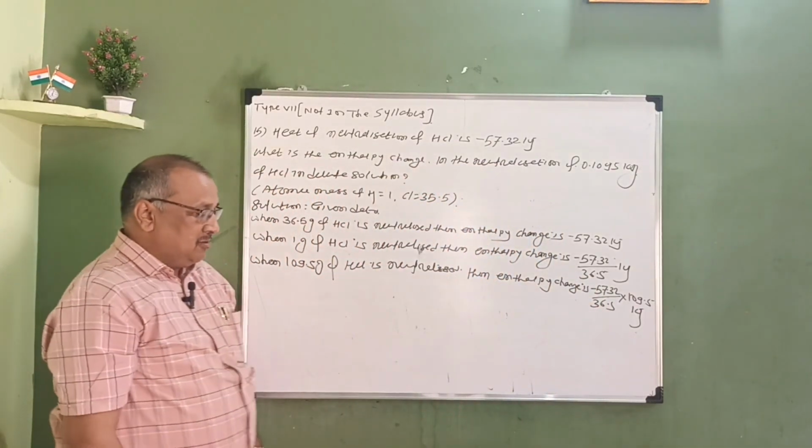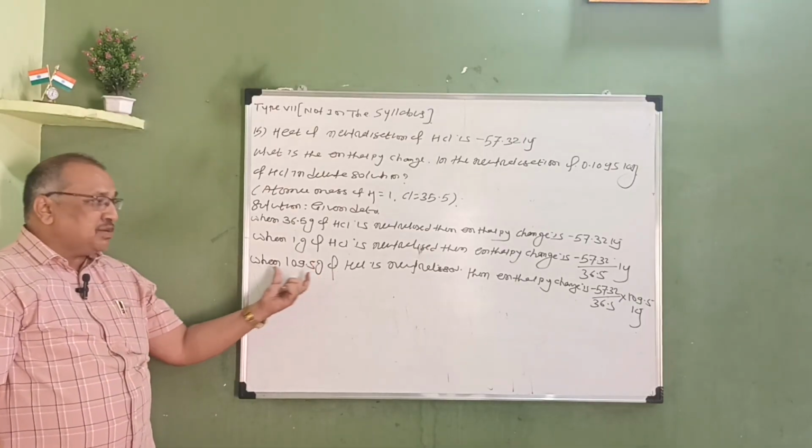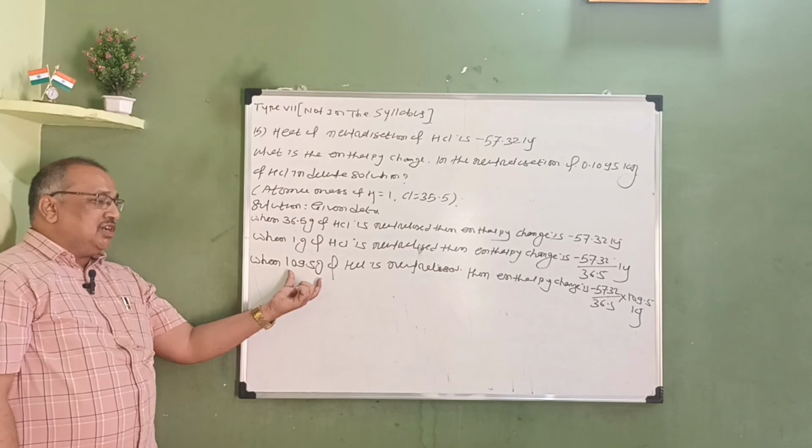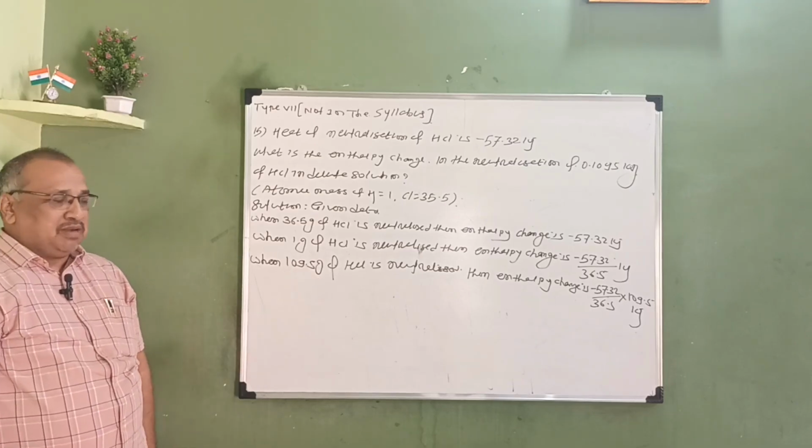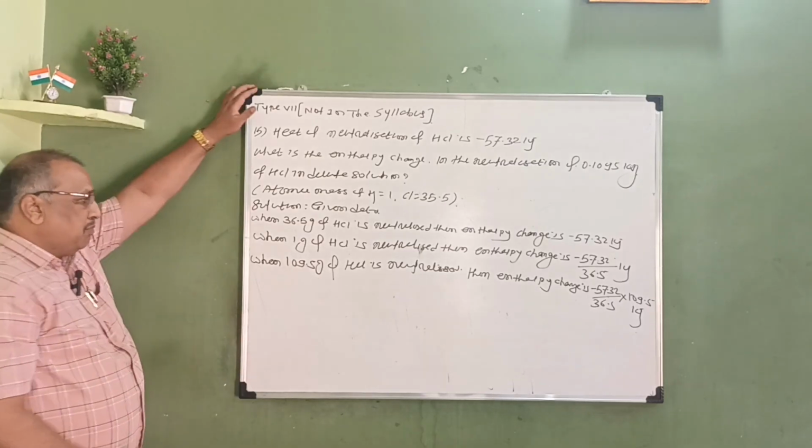That means here mass of HCl is given in kilogram, convert it into gram by multiplying 10 to the power 3.